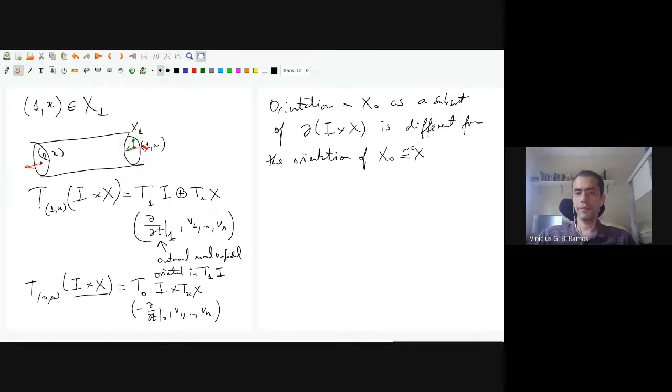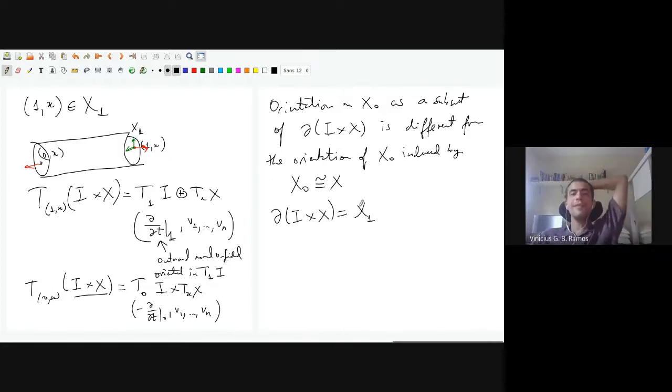So we can write the boundary as x1 with the same orientation that x1 naturally has, union with minus x0.